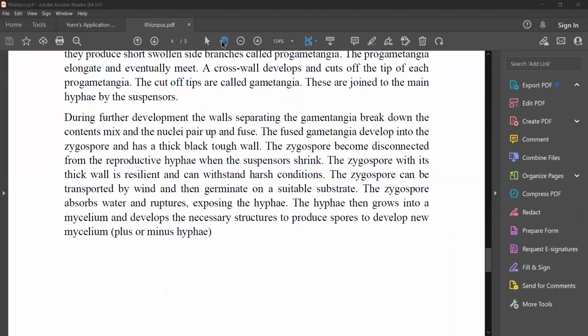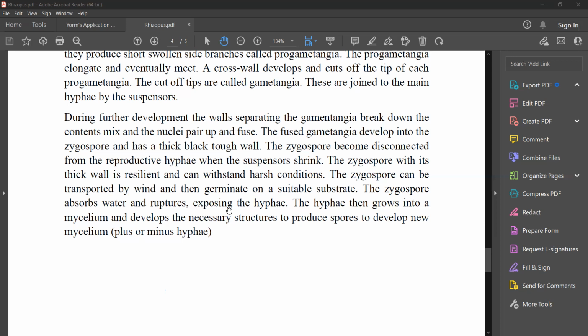Then you have a zygospore being formed. Now, when the zygospore is formed, it gets disconnected. So meaning these suspensors which held the gametangia together would shrink. Then the zygospore is resilient. So it's black, thick-walled, right? And because it's thick, that is what helps it survive the harsh conditions.